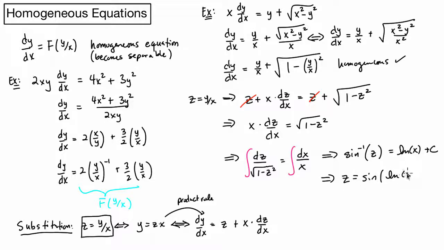And when I take the sine of both sides, I can get at z easily, but I need to go back in terms of the original variable. The original variable here is y. So I'm going to replace z with y over x. And then finally, I'm going to obtain an explicit solution by multiplying through by that x.